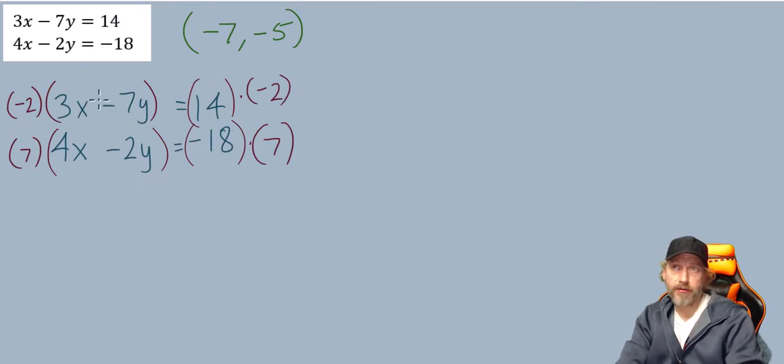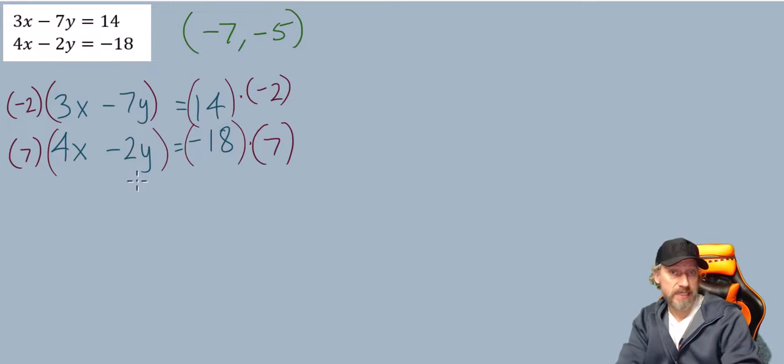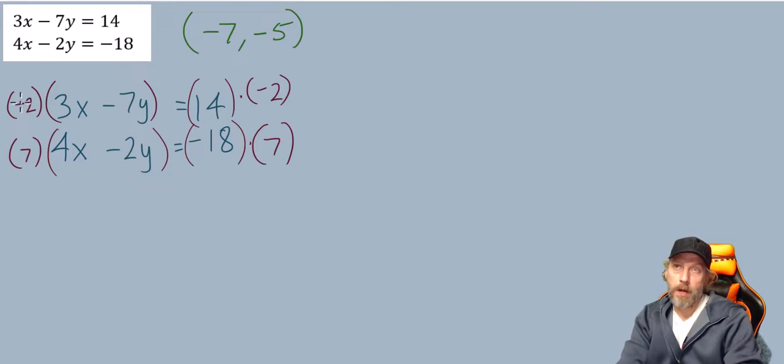To start off, I rewrote the two equations, and to zero out the y terms, I decided I needed a coefficient of 14. And so I multiply the top equation by negative 2 to make that a positive 14y. And I'll multiply the bottom equation by 7 to get that to be a negative 14y.